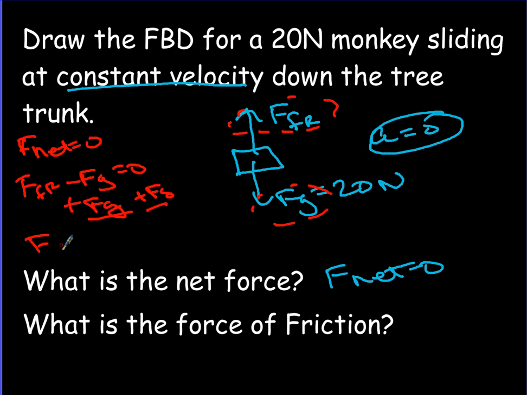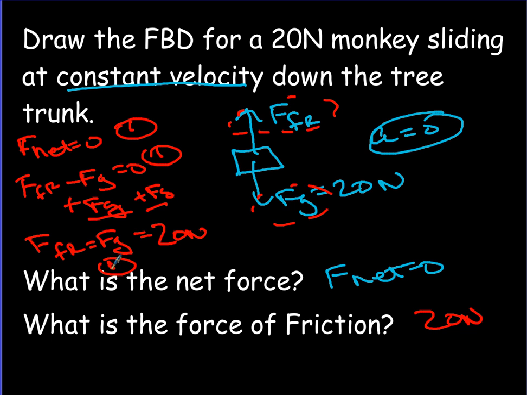So friction has to equal the weight, which in this case is 20 newtons. Okay? And yes, you have to show me all these steps. They're each worth a point. 1, 2, 3, 4, 5. So this is 5 points, just getting to this answer.